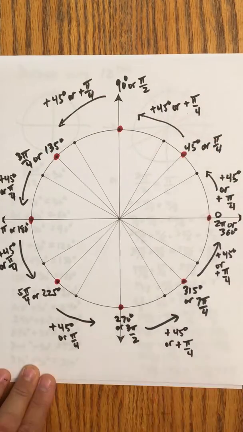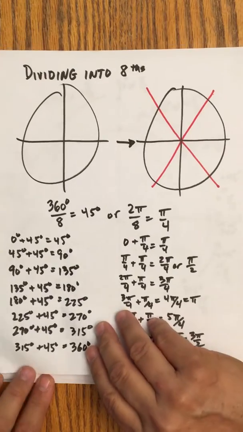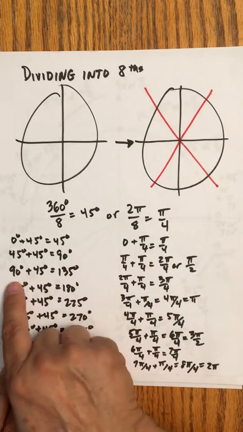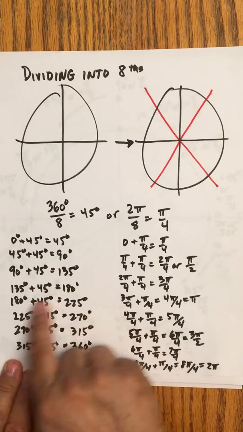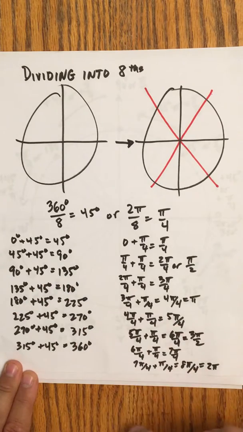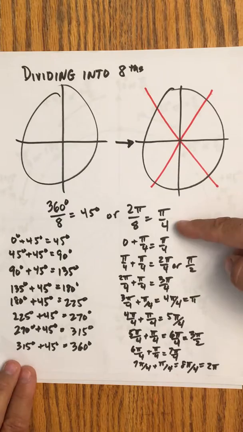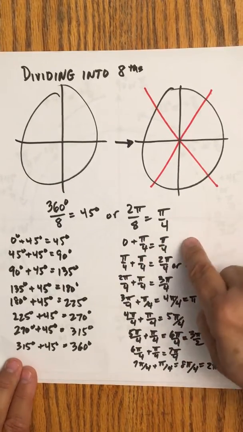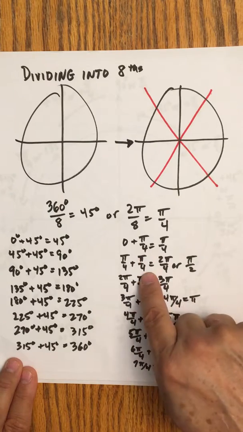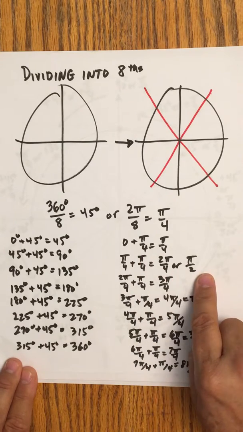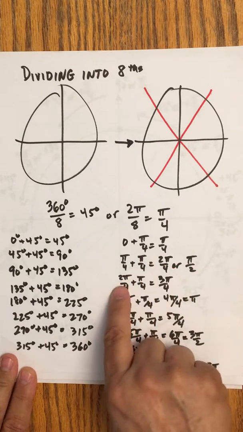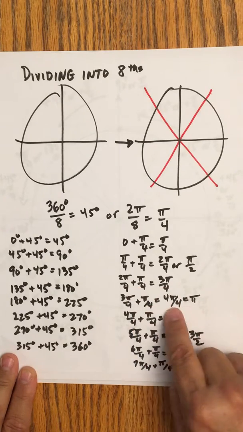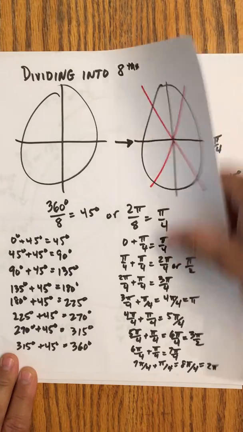If I do that, you can see the arithmetic: I start at 0, I go to 45, add another 45, I get 90, add another 45 to 90, you get 135, and so on and so forth, till you go all the way around. Or if you do this with the pi's, you have 0 plus pi over 4 is pi over 4, then pi over 4 plus another pi over 4 is 2 pi over 4, which reduced is pi over 2, and 2 pi over 4 plus another pi over 4 is 3 pi over 4, 3 pi over 4 plus pi over 4 is 4 pi over 4 or pi, and so on and so forth.